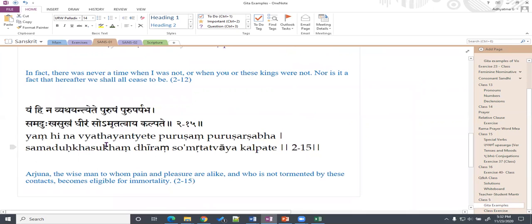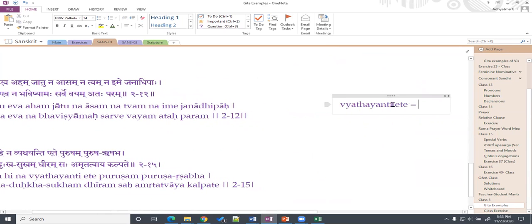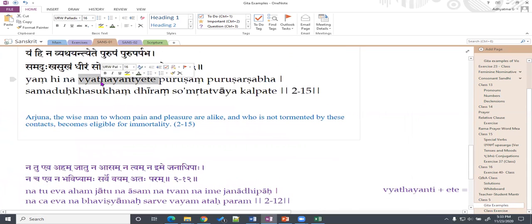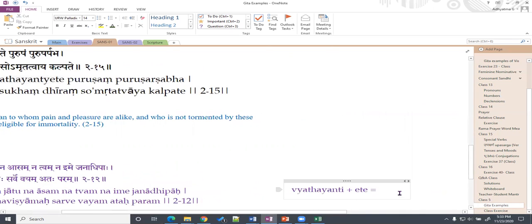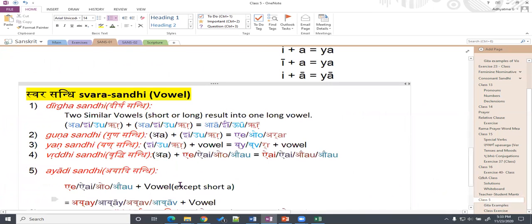Similarly, another example I gave is Vyathayantyete, which is Vyathayanti plus ete. So you can see here Ikara plus Ekara. The rule is that Ikara plus any other dissimilar vowel: the second vowel remains unchanged, and the first vowel becomes Yakara.